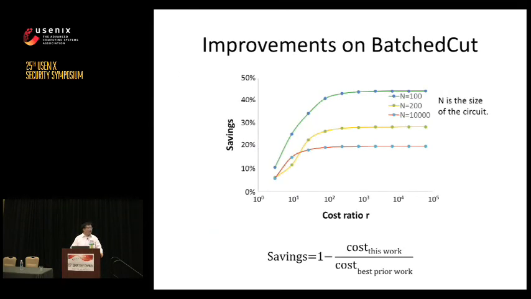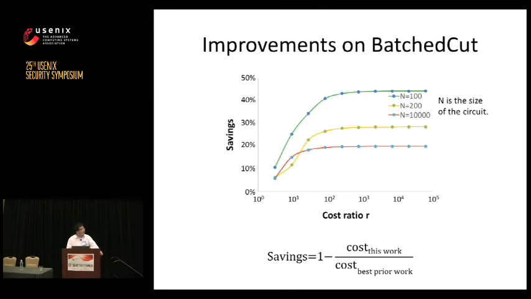The benefit for batched cut protocols is a bit less, especially for the large batches, partly because the batched cut protocols are already highly optimized. I have skipped the details for the batched cut protocol because they are super complicated and hard to explain in one or two sentences.